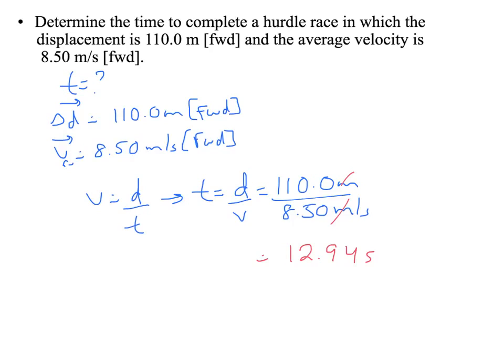Now, proper sig digs would dictate that we have 3 sig digs in 8.5, 4 in 110.0, therefore we must end up with 3. Therefore, our answer should be 1.29 times 10 seconds, or simply 12.9 seconds.